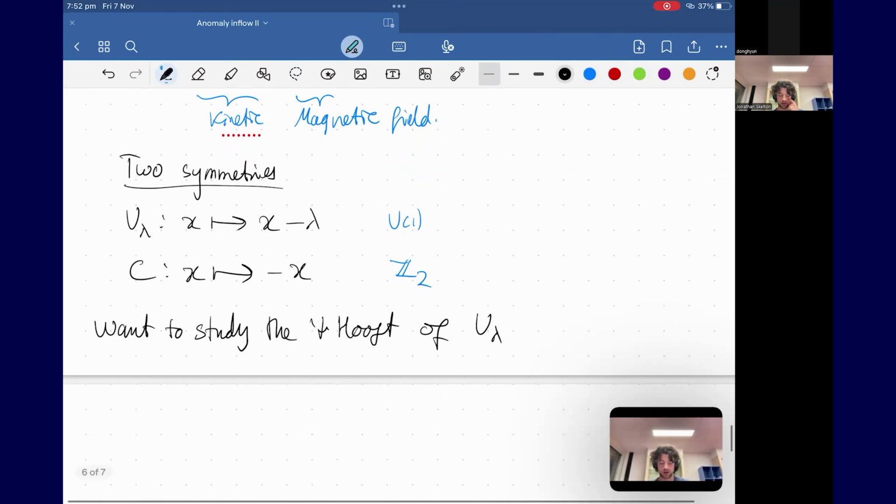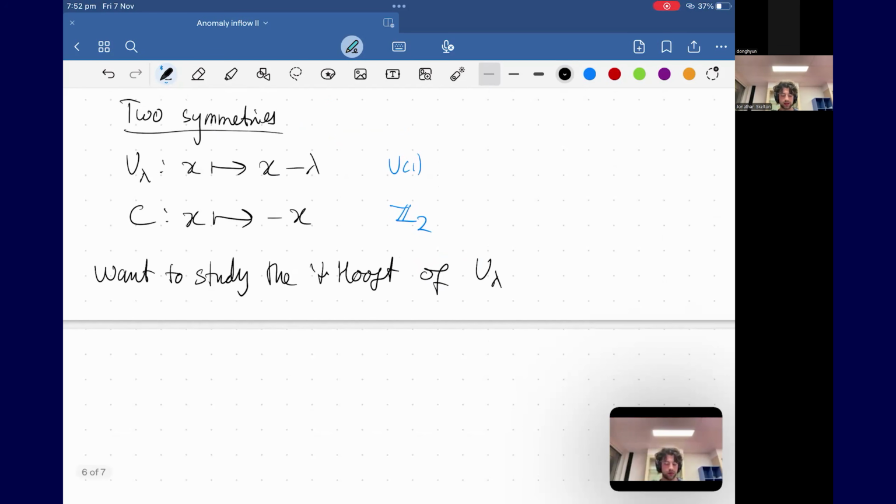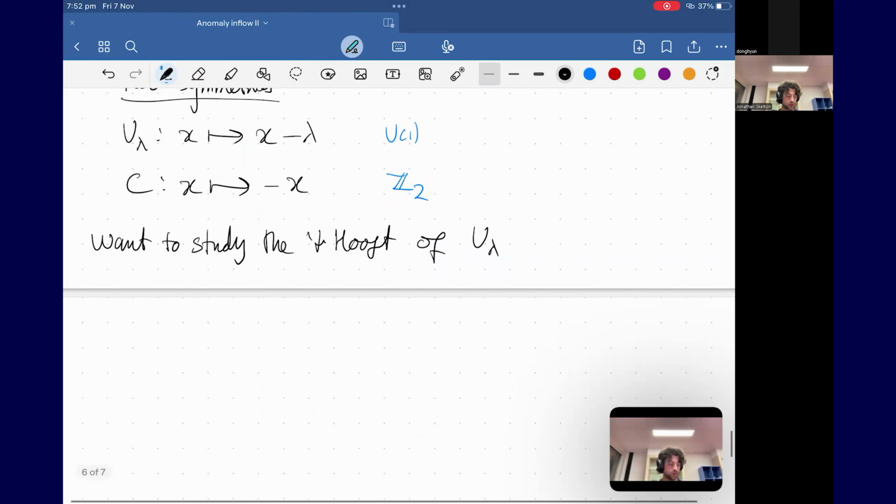The nice thing about the U lambda symmetry is that since it's a continuous group, we can do the construction above where we put this on a principal bundle, and then basically upgrade this to be a gauge symmetry. If we do that, then we can write our new Lagrangian.